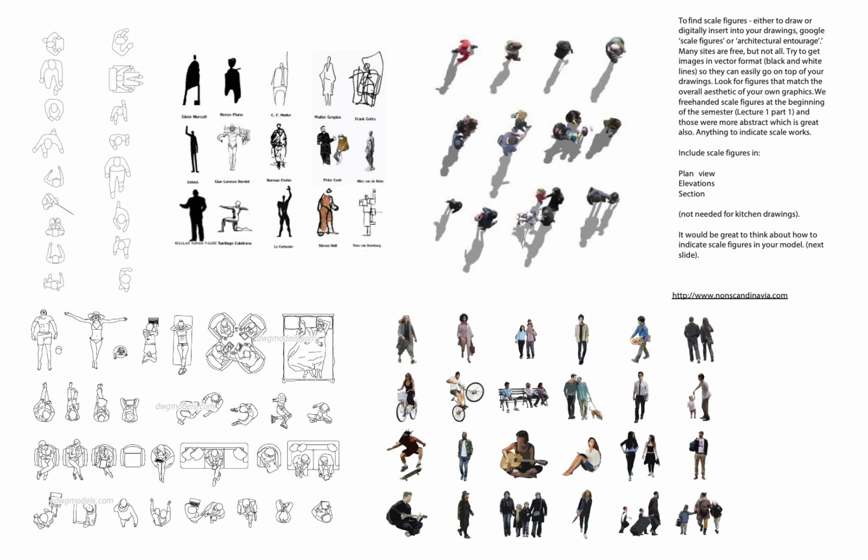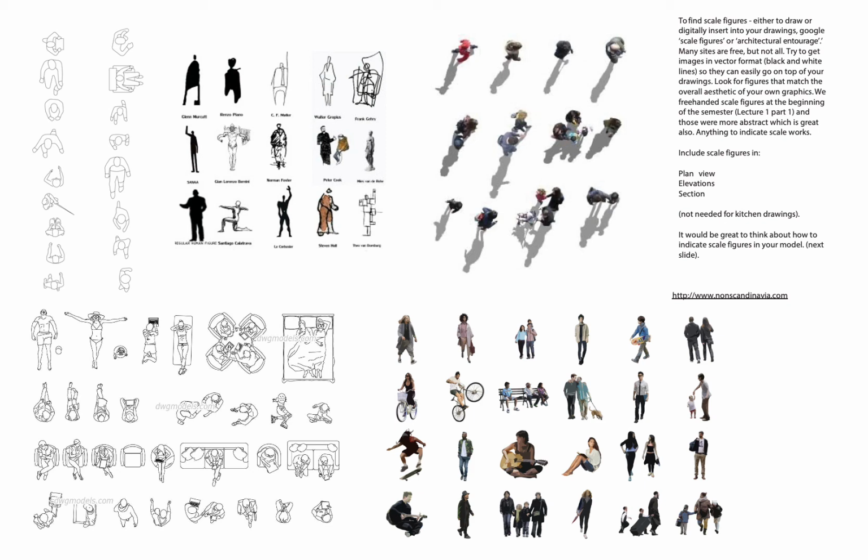So I put in just some examples, and they're really easy to find online. You can Google things like scale figures or architectural entourage. Many of the sites and the resources are free downloads, but not all. So if it's possible, also make sure you can get your images in vector format.